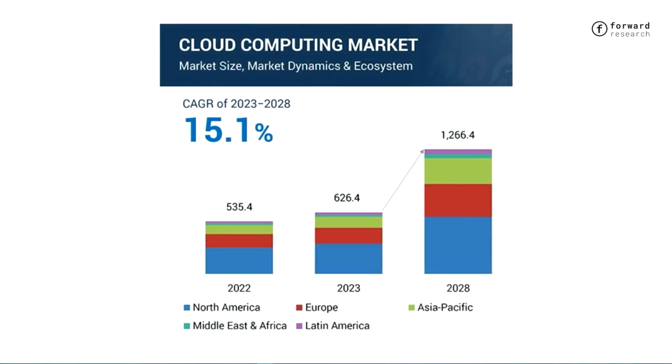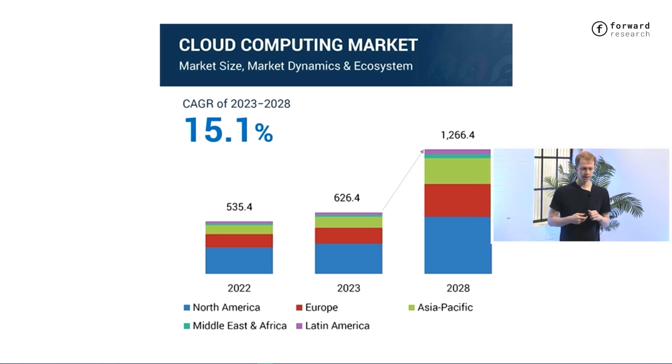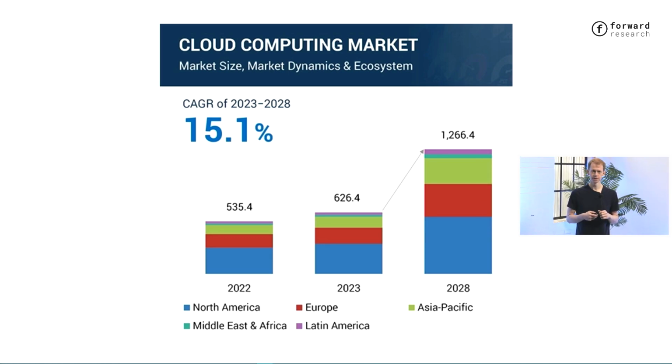And to get a sense of just how big a deal this is, we could look at the size of the cloud computation, for lack of a better word, cloud physical infrastructure provision market today, which is hundreds and hundreds of billions of dollars that go into that in revenue every year.